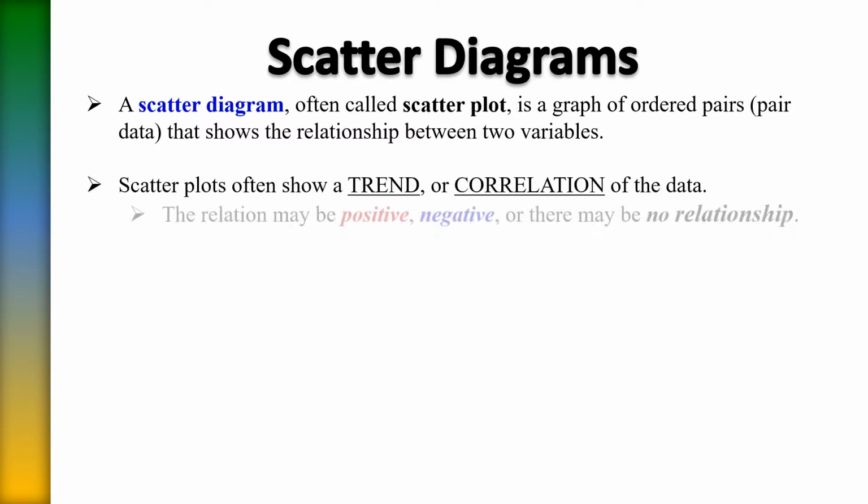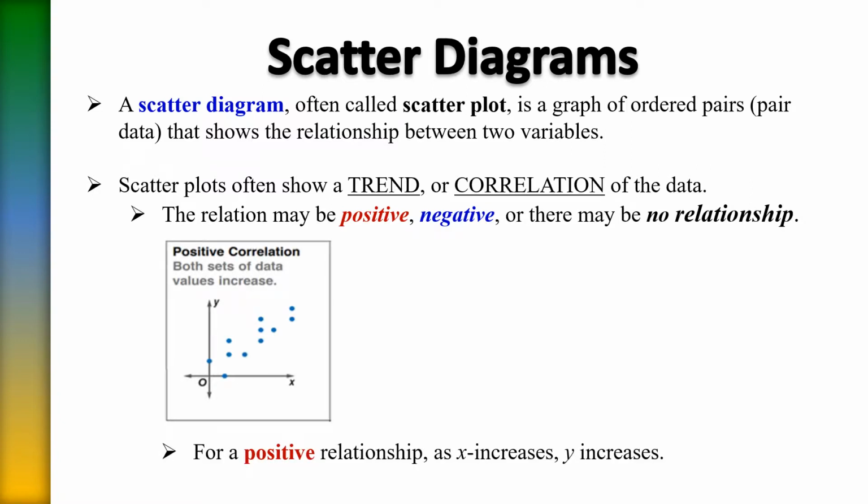Now, this relation can be a positive, a negative, or there may not even be any relationship between that data. So if you notice that your dots are clustered together, moving from left to right in an upward motion, we would say that this is a positive correlation or positive relationship.